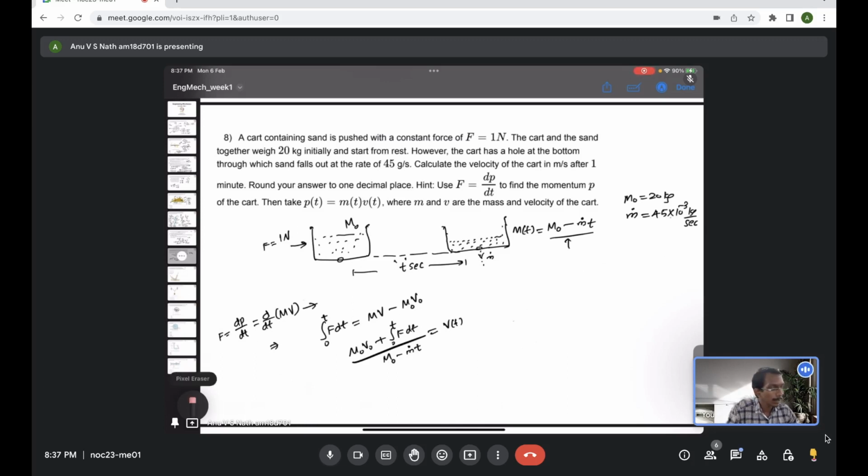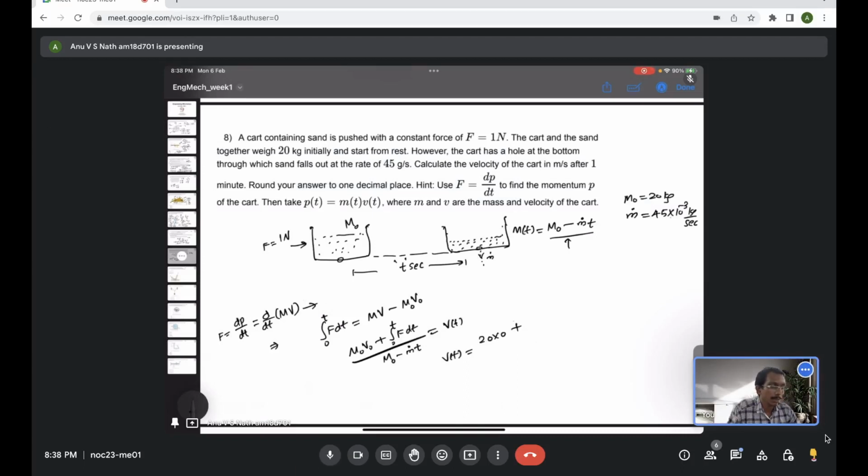Then we just continue. So now v of t is m0, which is 20, times v0, which is 0 since it starts from rest, plus the integral of F dt.